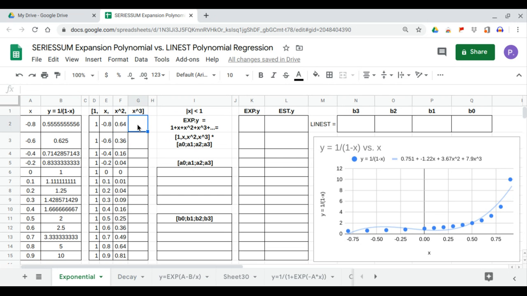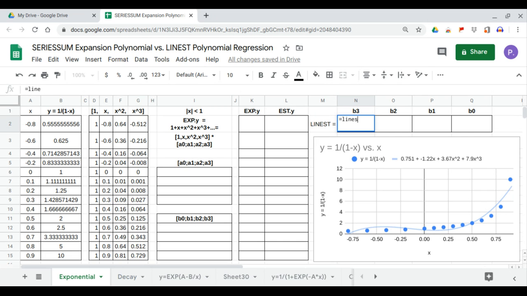And the x cubed column will be our formula of the x values to the power 3. Now that we have completed the 1 comma x matrix, you can use the LINEST.